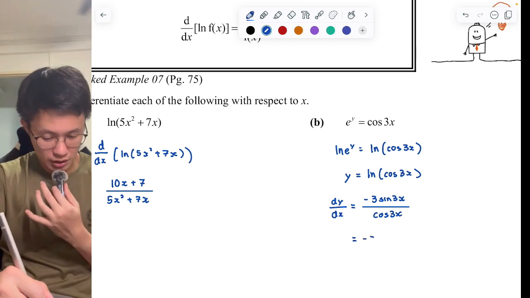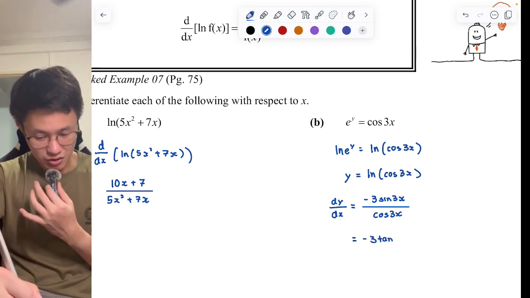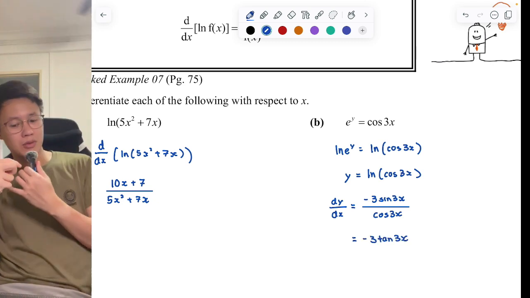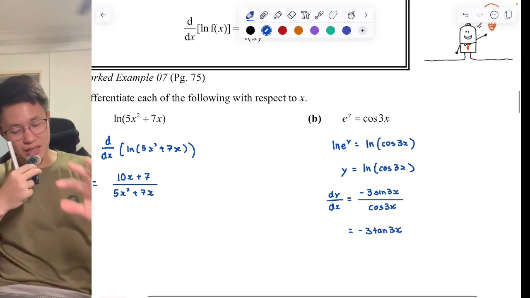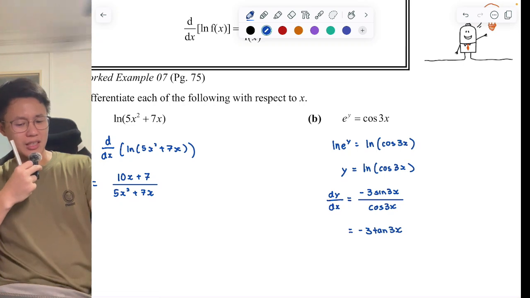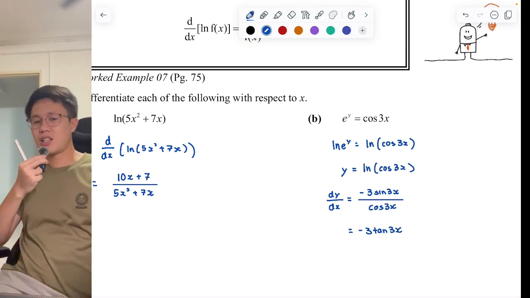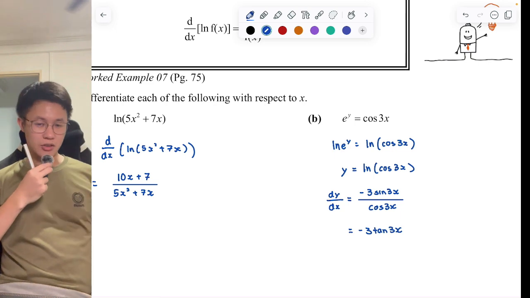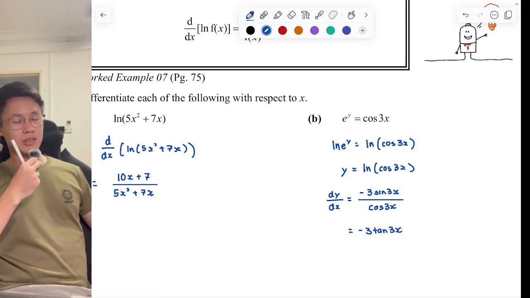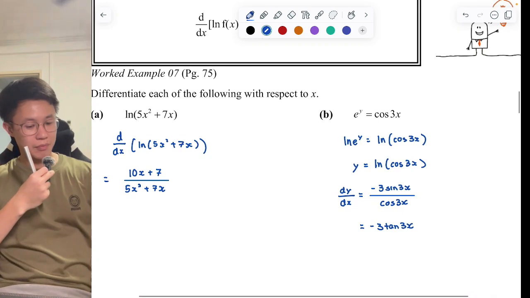This is simply negative 3 tangent 3x. Pretty interesting way to find the differentiation of something that gives you tangent, which gives us some connection on how we can differentiate natural logarithms of trigo functions. And that's a topic that we explore in further mathematics.